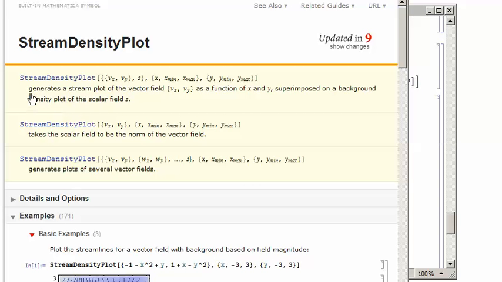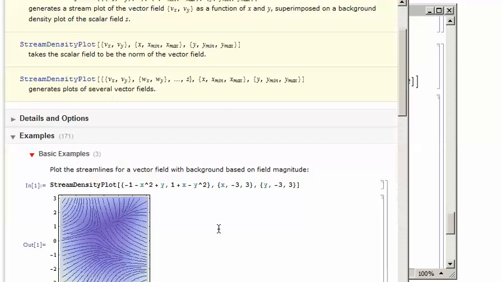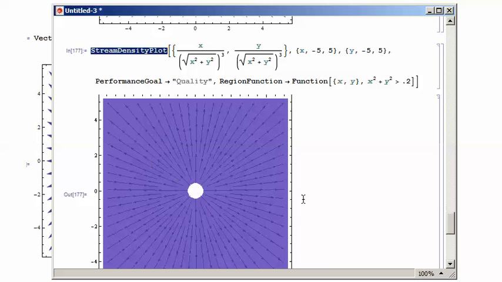And thinking of it in those terms made me think of another command called StreamDensityPlot, which plots the streamlines for a vector field with a background based on field magnitude. So it doesn't try to use the density of the field lines as its magnitude.